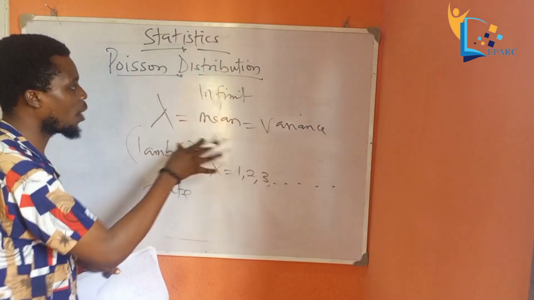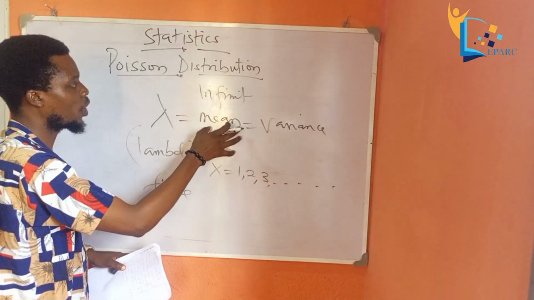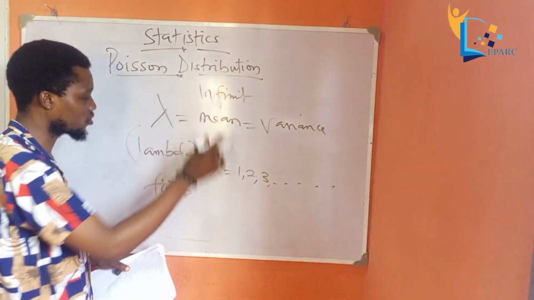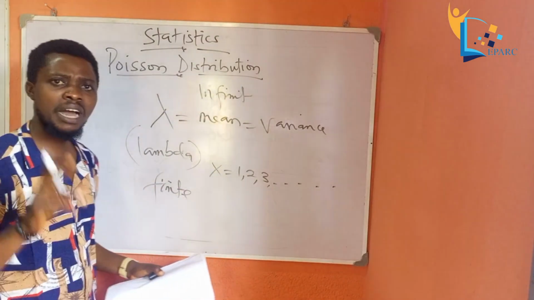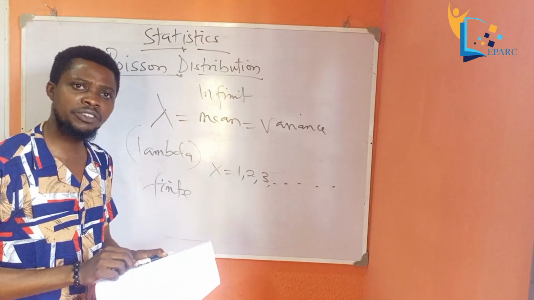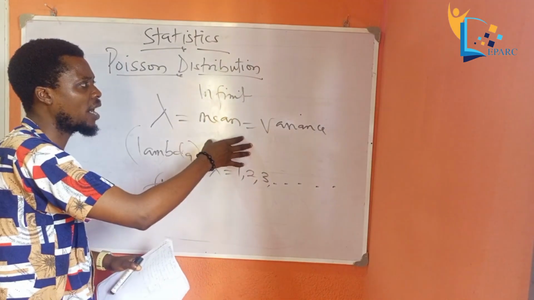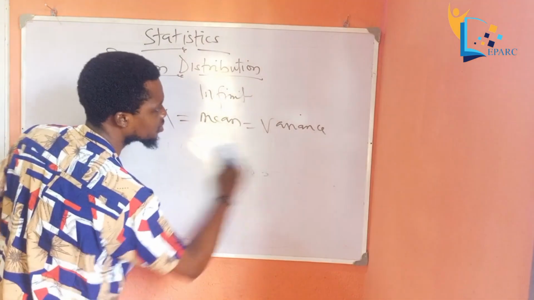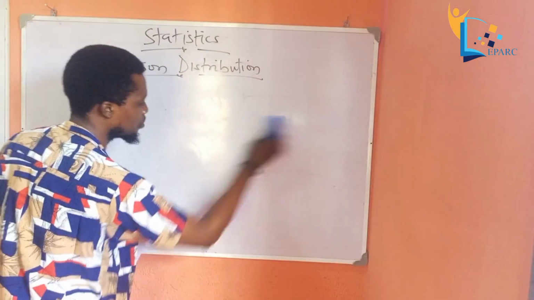To help us ascertain our results using the Poisson distribution, if you remember in our previous video when we were treating binomial distribution, I gave us some concepts that will help us. Let me refresh our memory.